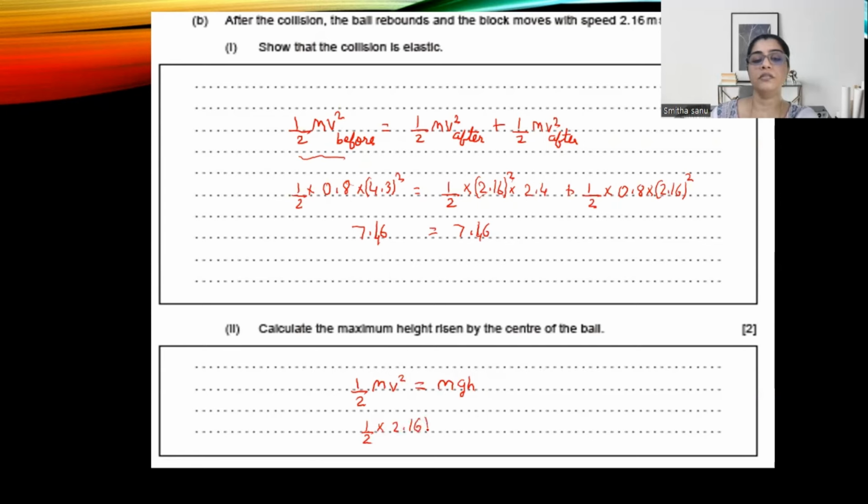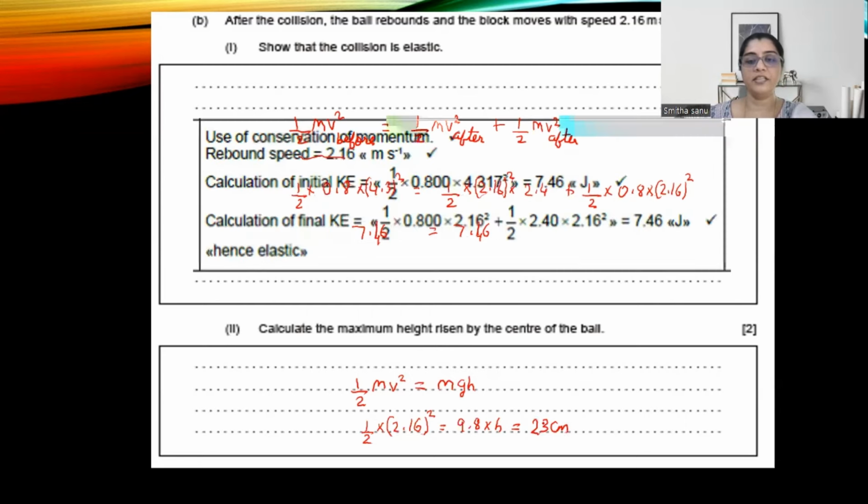So this is the kinetic energy associated with the ball. m and m is cancelled, so you can just put 9.8 times h. Here it comes to around 23 centimeter. The rebound height, which is the answer.